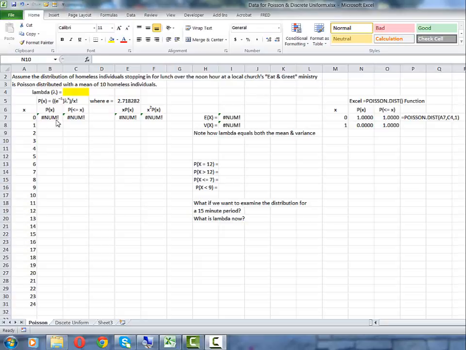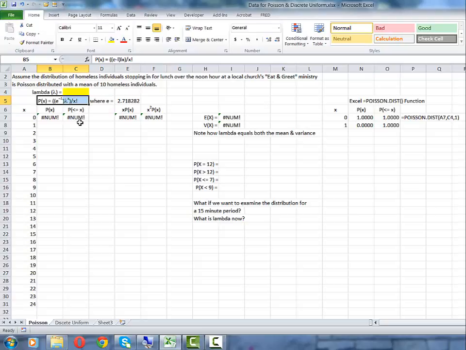The formula for the probability that the variable x will equal some number is e to the minus lambda times lambda to the x divided by x factorial. That's in your notes on the Poisson distribution.